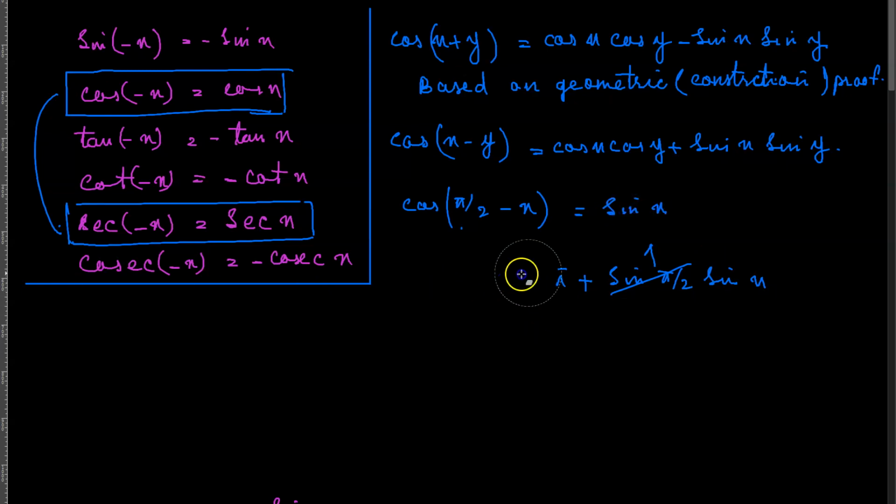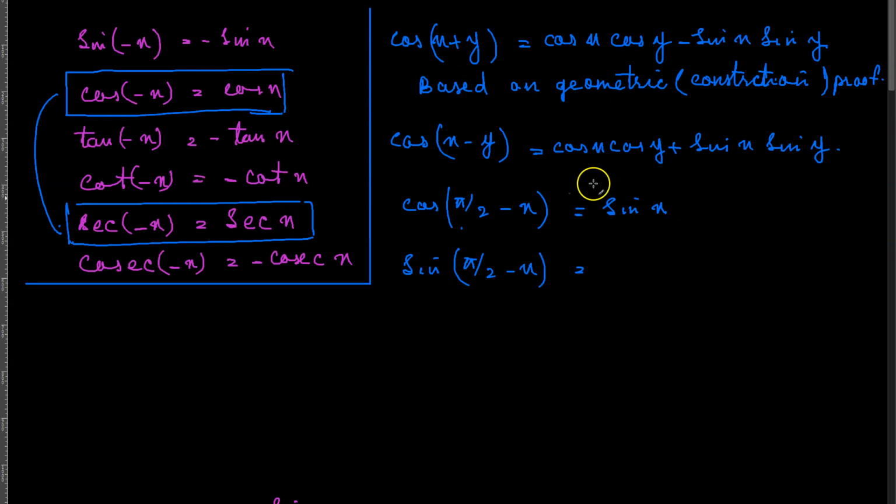And there is another result that we are going to need as well, and that is sine of pi by 2 minus x. So this was cos of pi by 2 minus x. Now sine of pi by 2 minus x, I can use this formula.